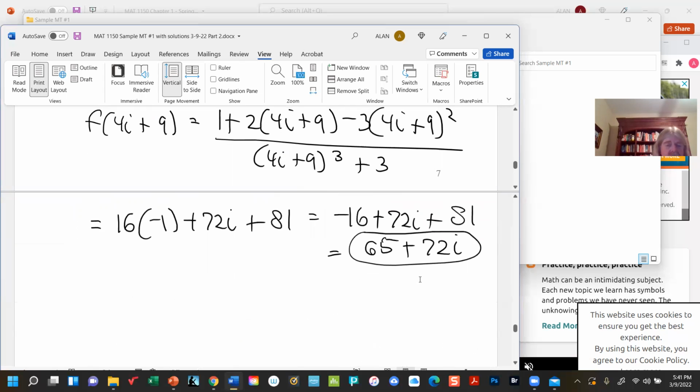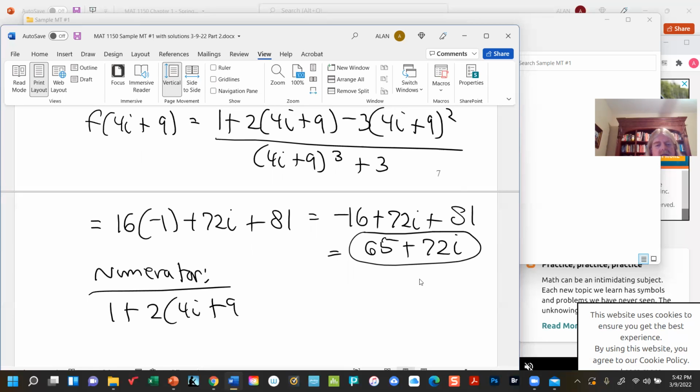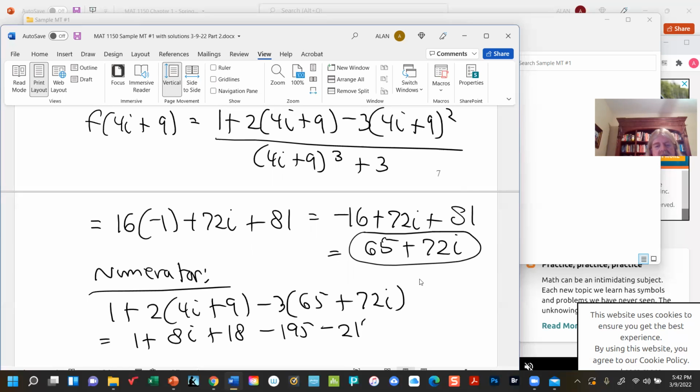So the numerator would be 1 plus 2(4i + 9) minus 3 times this, (65 + 72i): 1 + 8i + 18 - 195 - 216i.